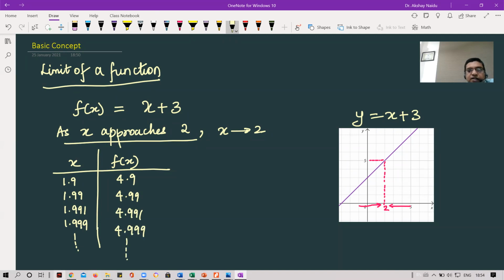Understand? So when x is approaching the value 2 from values lesser than 2, we call this x tending to 2 minus, x tends to 2 from the left.